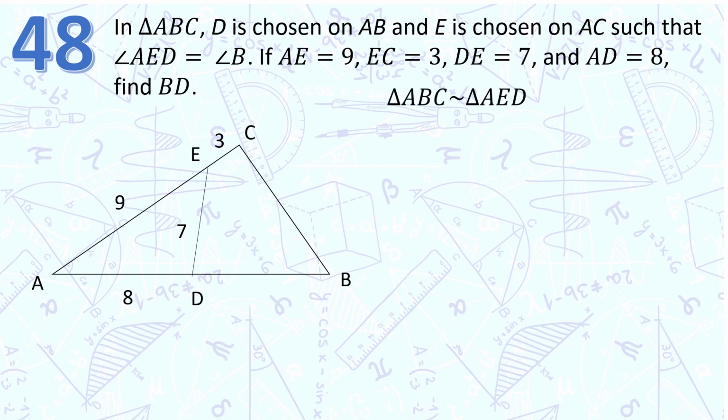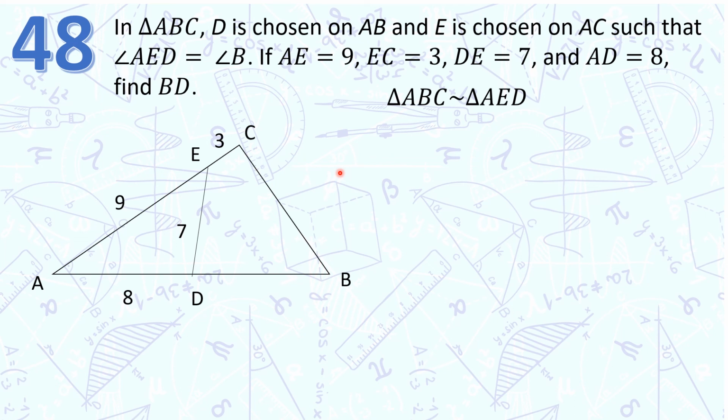From the figure, we can prove that triangle ABC is similar to triangle AED because the two triangles have a common angle A. Also, it is given that angle AED is congruent to angle B. Hence, by the AA similarity theorem, triangle ABC is similar to triangle AED.